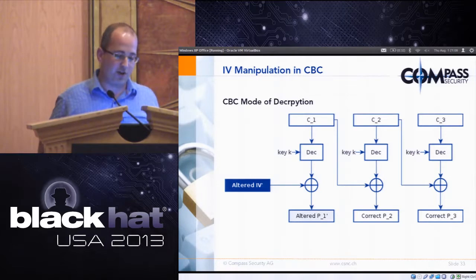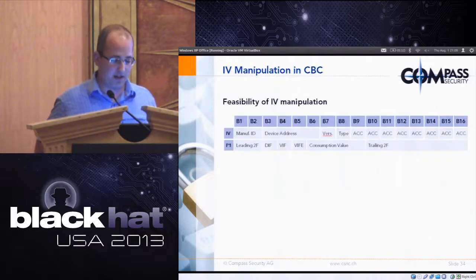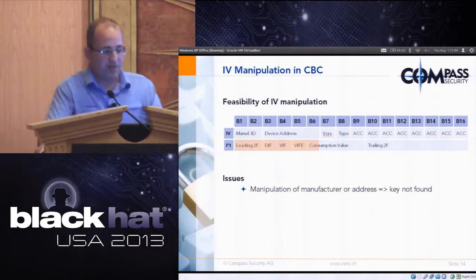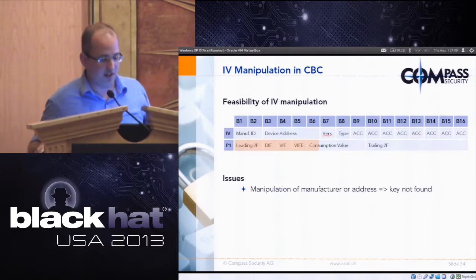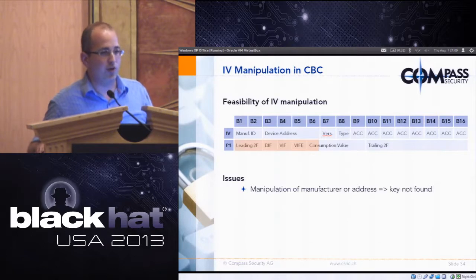So we're talking about CBC mode. We are basically injecting an altered IV into that construct, so we need to alter the frame header for that purpose. If we have a look, what we could basically alter is, if we would change the manufacturer ID or the device address of the frame, then the packet would not be received correctly by the collector, because the collector would not know what meter actually sent it.